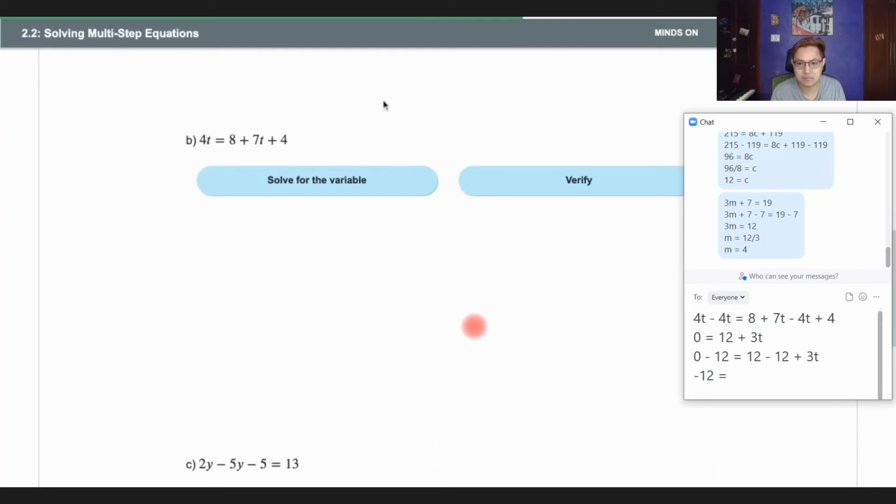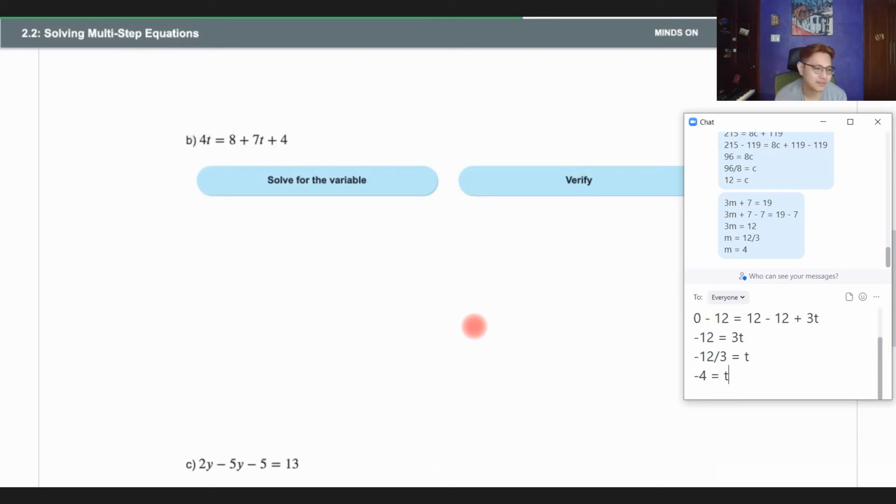So 7t subtract itself, and then there's another one on the left side, so it's 17 minus 14.